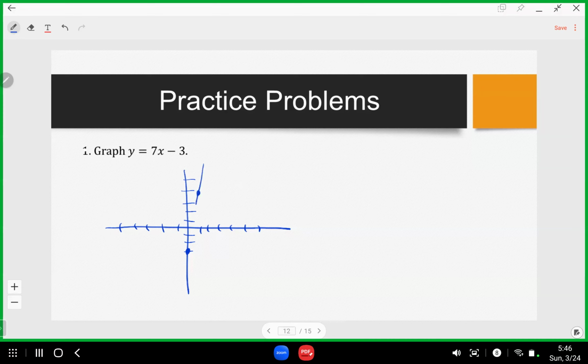As you can see, it's a very steep slope. Okay, the higher the slope, the steeper the line. So if you have 100 slope, that's going to be extremely steep, basically a vertical line. But it will never reach vertical.